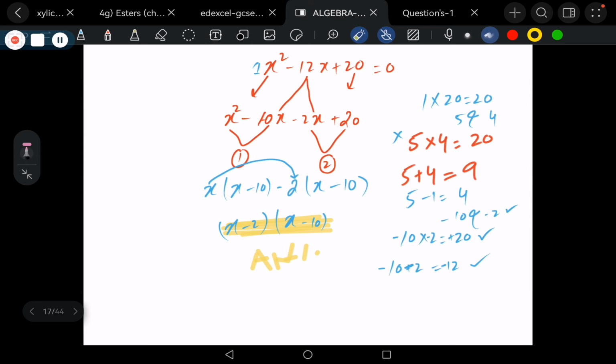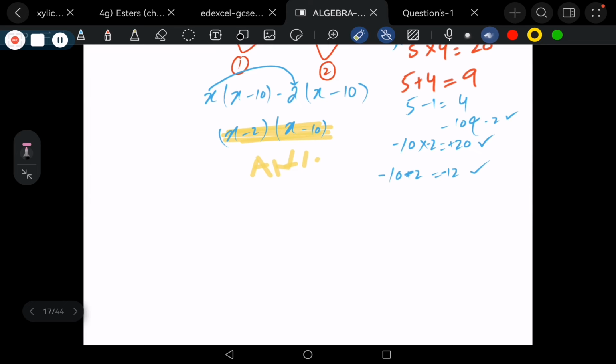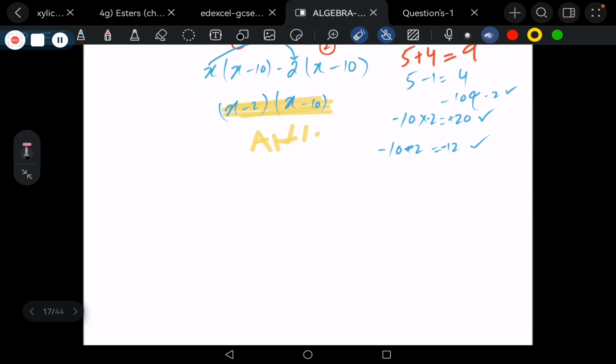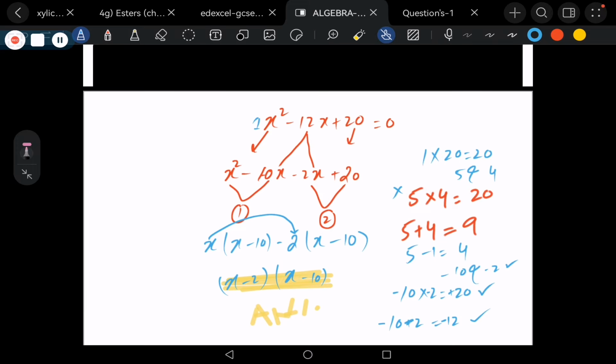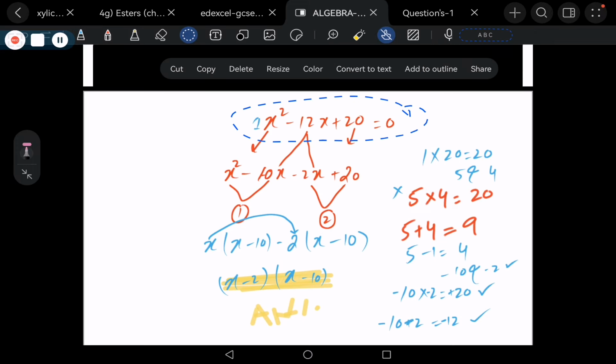The example that we did in our last lesson was x square minus 12x plus 20 equals 0, and we found two pairs, x minus 2 and x minus 10. Now for example, I created the same situation here, only I add one more word. Let me copy this over here.